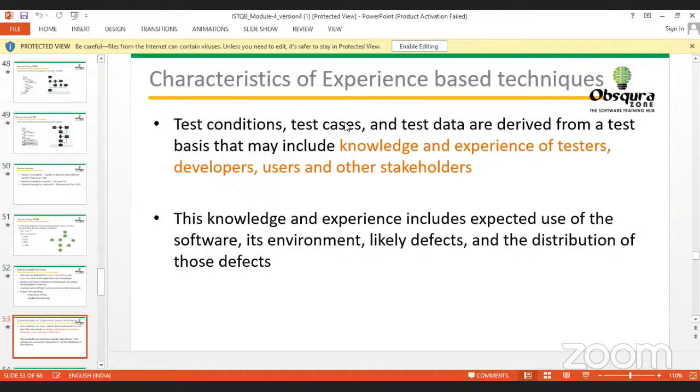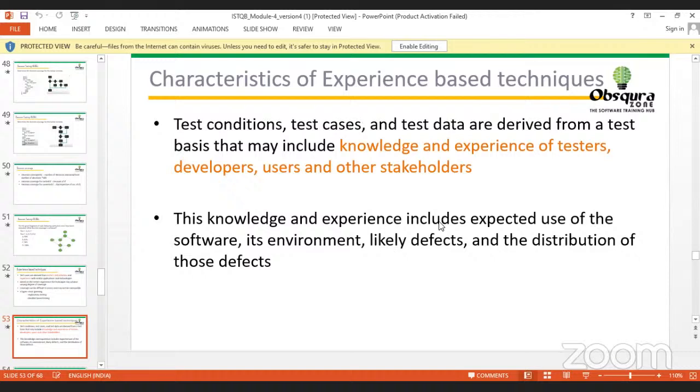Okay. So what does the test basis include? It includes the knowledge and experience of testers, and the developers and users. From their knowledge, we are deriving the test cases and test data.